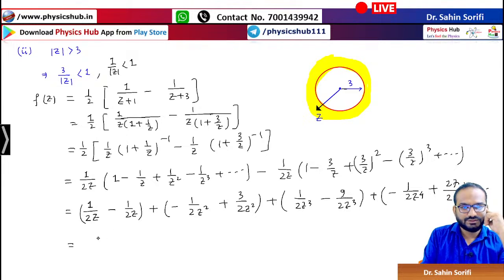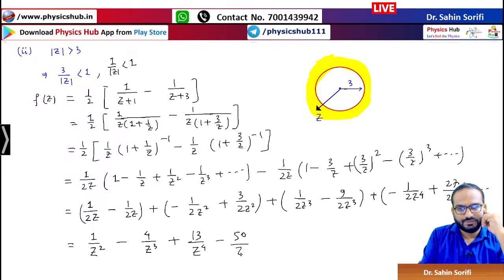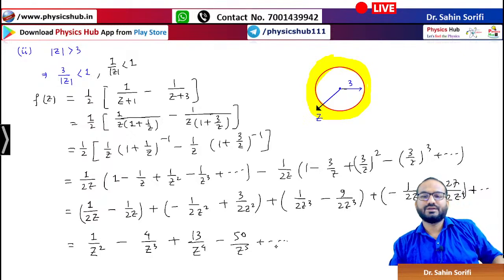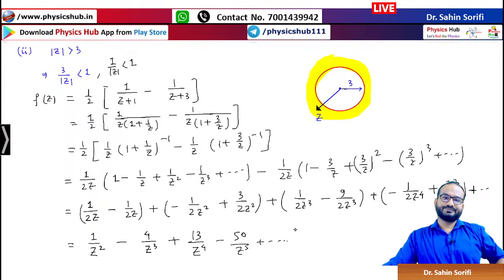So ultimately this is 0. So you will get 1 by z square minus 4 by z cube plus 13 by z to the power 4 minus 50 by z to the power 5 and so on. So this is the required expression for this.